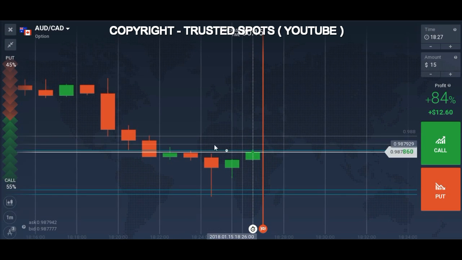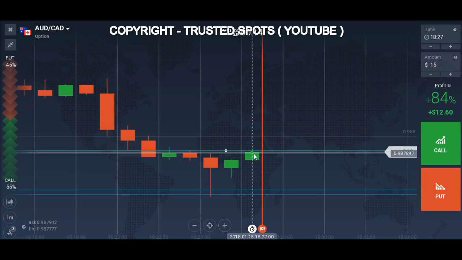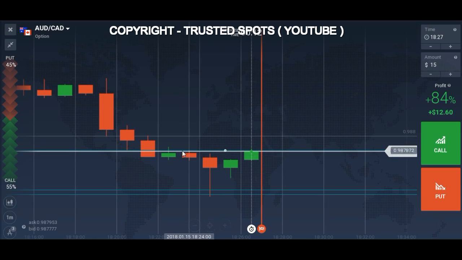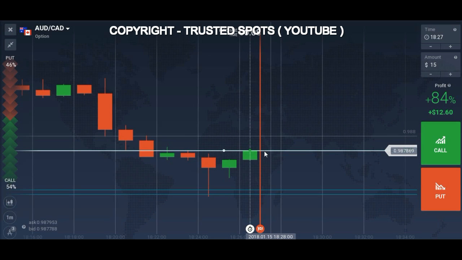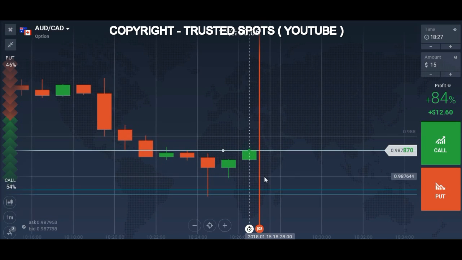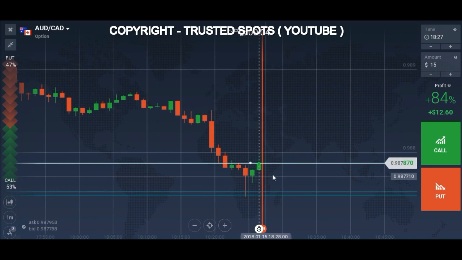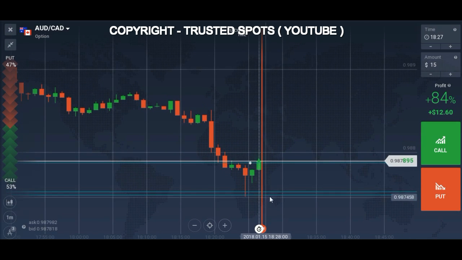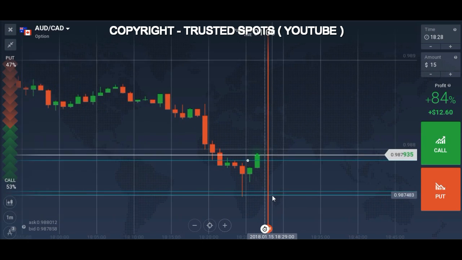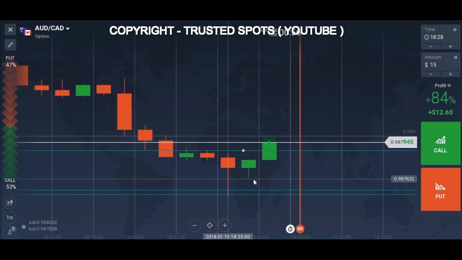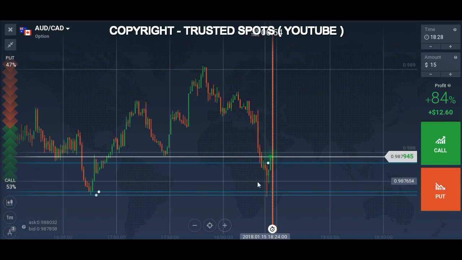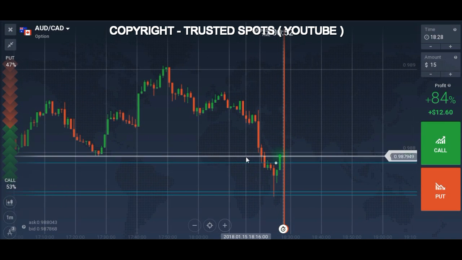This is not that strong, so we will wait for this candle to close. If this candle closes below this level, we can trade with the rejection. Right now the market is weak. We can use this level if the market goes down. So it's going up, showing market will cross.